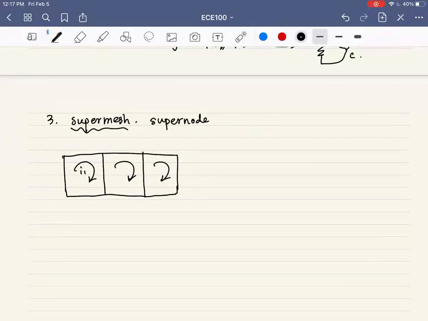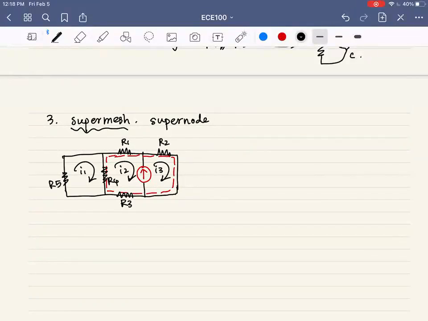We name the 3 mesh currents I1, I2, I3. But now we have a current source in between. So as we know, we should draw a supermesh here to skip the current source, right? But when we list the equation, we need to be super careful. Let me give some elements: R1, R2, R3, R4.